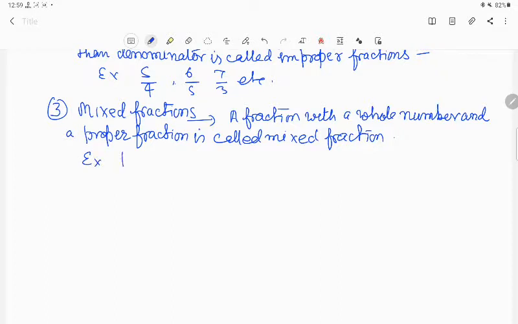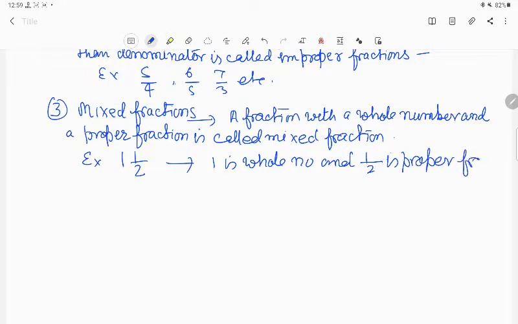Example: 1 1/2. See, here 1 is the whole number and 1/2 is the proper fraction.